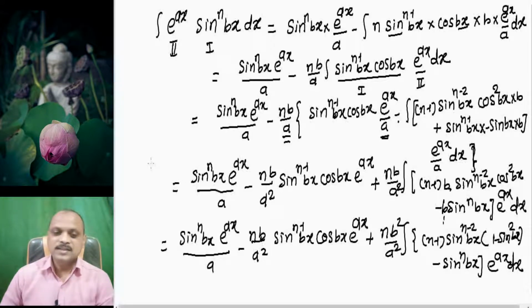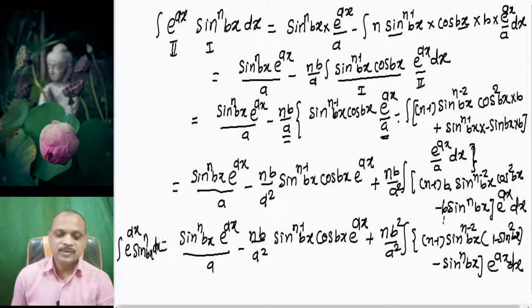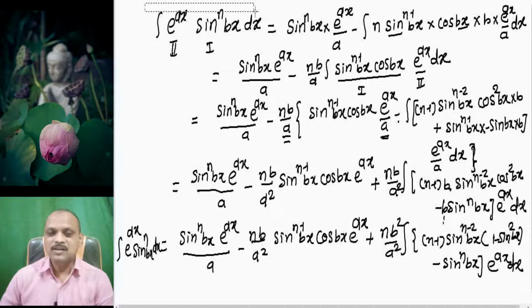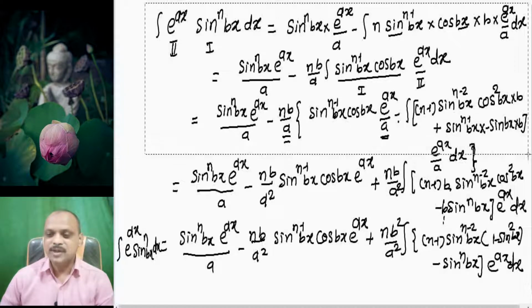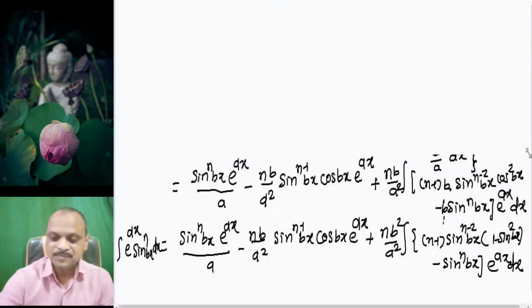Let us solve these terms separately. Integration of e raised to ax into sin raised to n bx into dx. First we will solve the bracket term and then substitute that value in place of that integration.